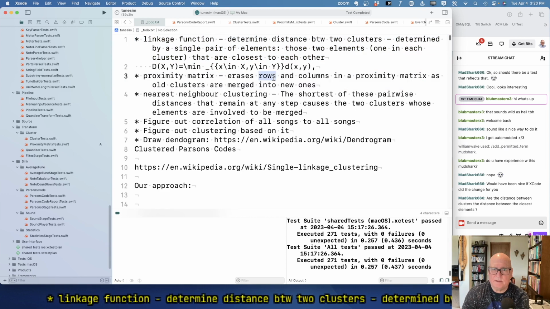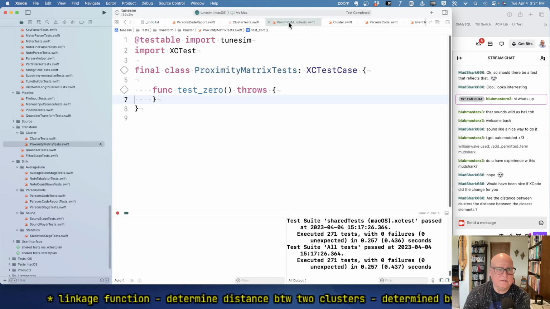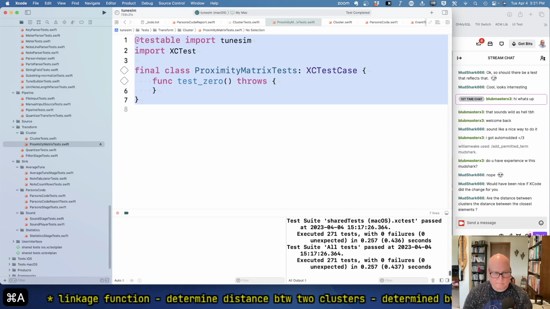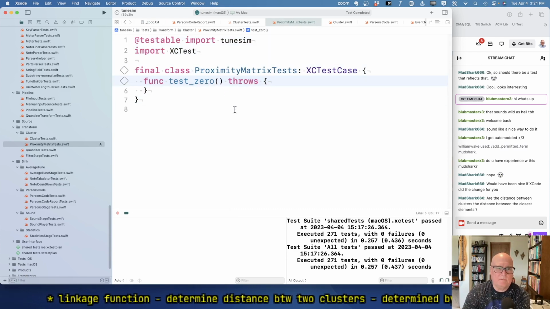We have to be able to add and remove rows and columns. What's a good starter test? Well, we can test it starts empty, I guess.